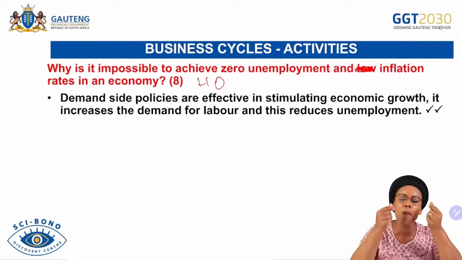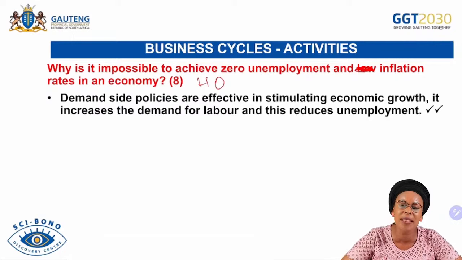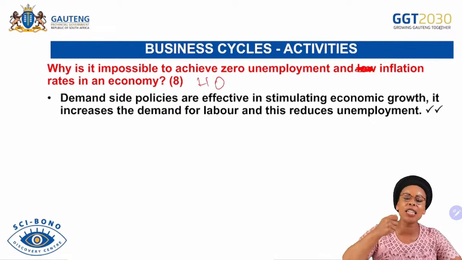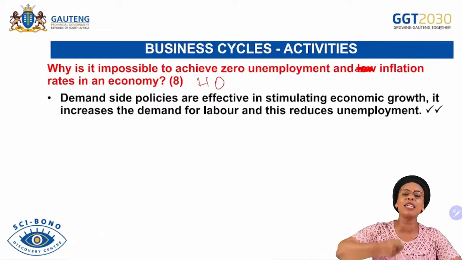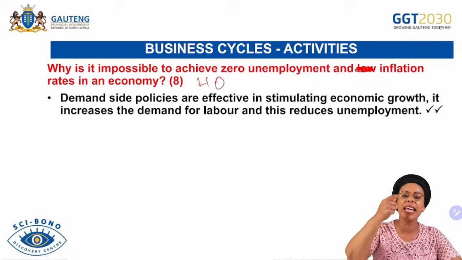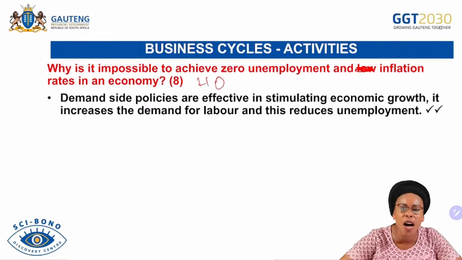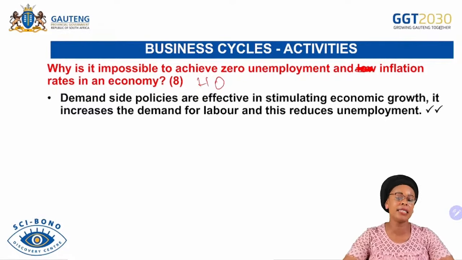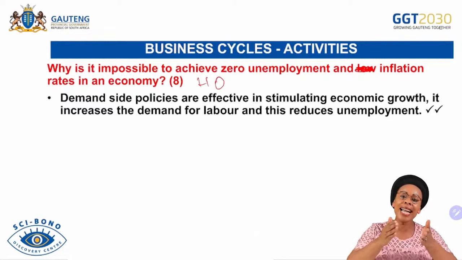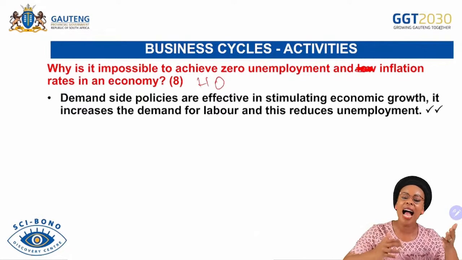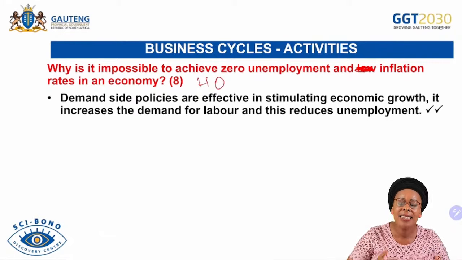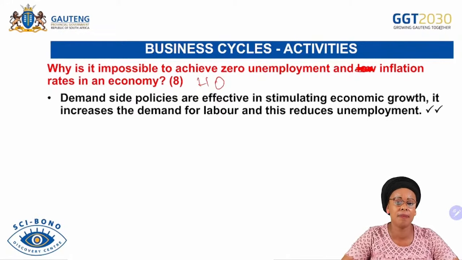When they have money, what are they going to do with the money? They're going to spend. For as long as they keep on spending, aggregate demand will keep on increasing. And if supply does not respond, what will happen? We will have inflation. So as long as people are working and unemployment is less, there will be inflation.